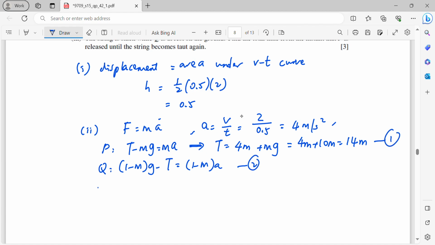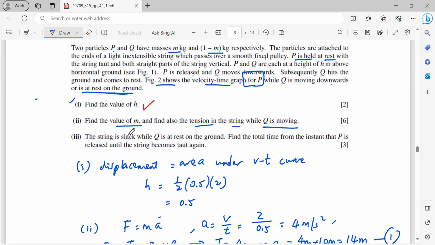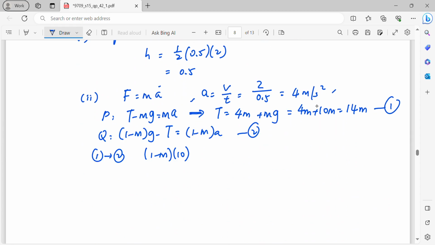Now, substitute first into second. I will get (1 minus m) times 10 for g, minus the T already found from the first equation, which is 14m, then equals (1 minus m) times a, which is 4.